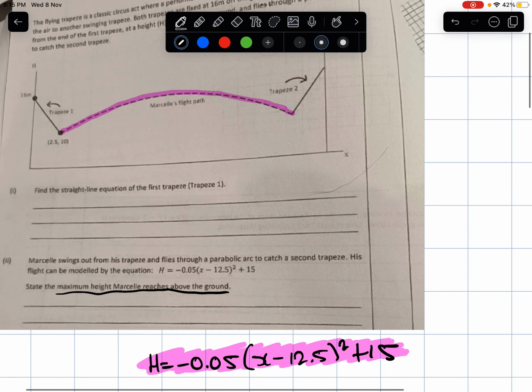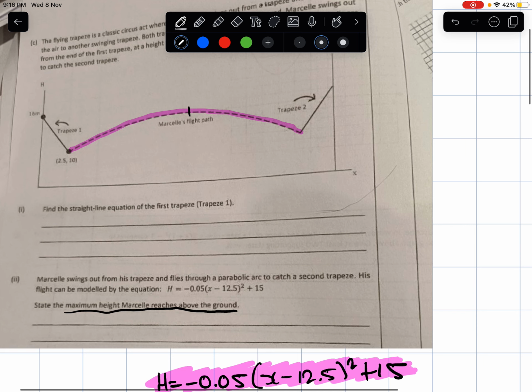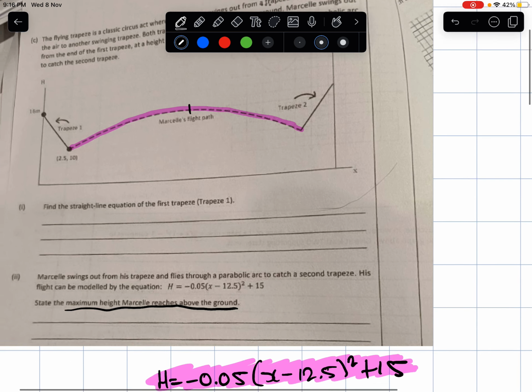Now, we've already said maximum height's usually about halfway, which will be around there on the parabola. But obviously, we can't just eyeball it and say, oh yeah, it's just about there. So to find it, we have to find the midpoint of the parabola.